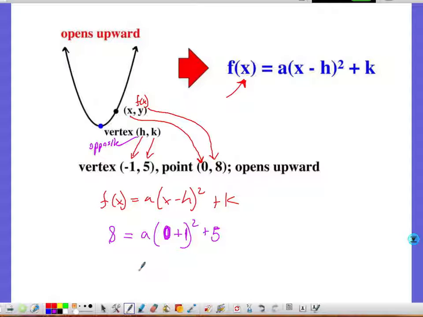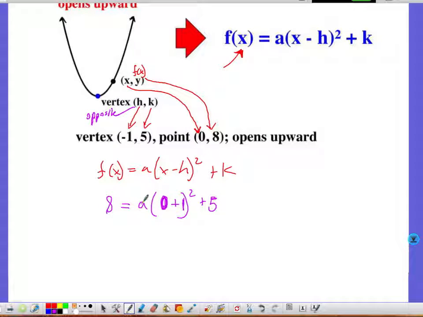Alright. So we took all the information, we took h, k, x, f of x, and plugged it into this formula right here. Notice that the only variable that we have here is a, and that's what we want to solve for.